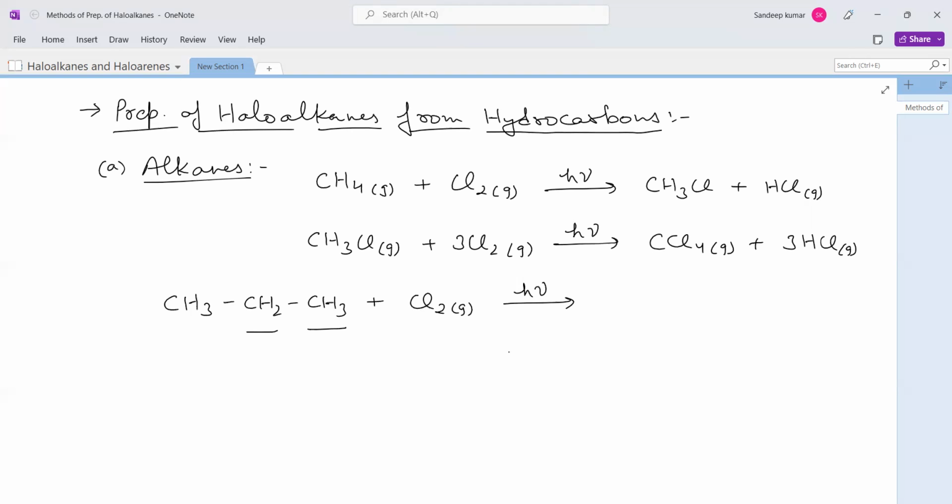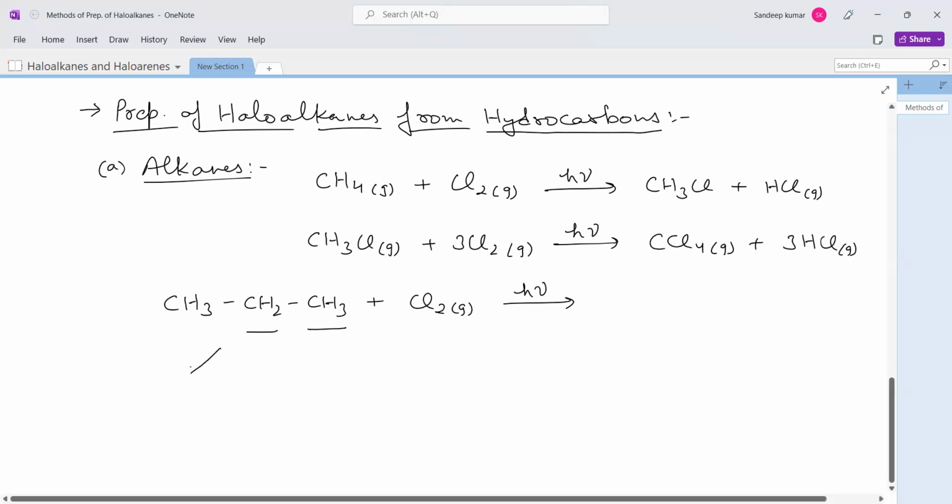As we can see, this reaction occurs in presence of sunlight, so it follows a free radical mechanism. And in this case, 2 free radicals can be formed.